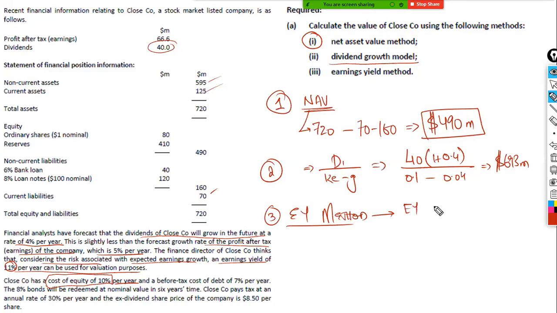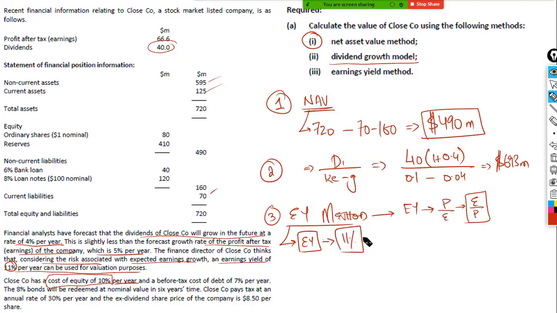Earnings yield is the reciprocal of price to earning. Earnings yield is equal to earnings upon price. This is the earnings yield, right? So you have been given the earnings yield basically, which is 11%.